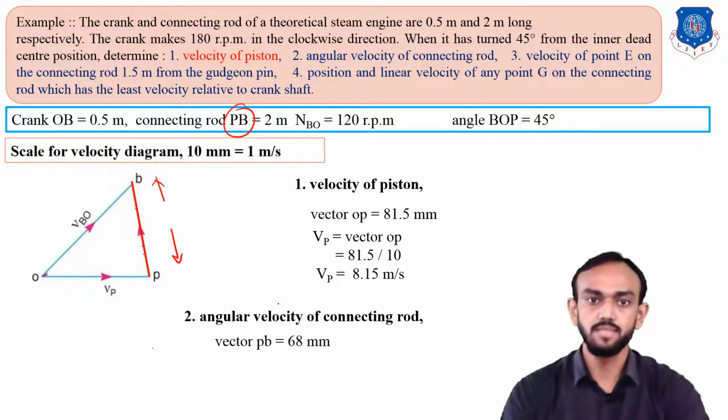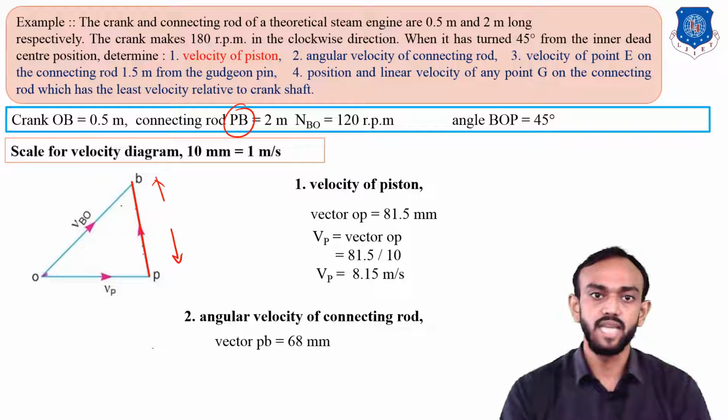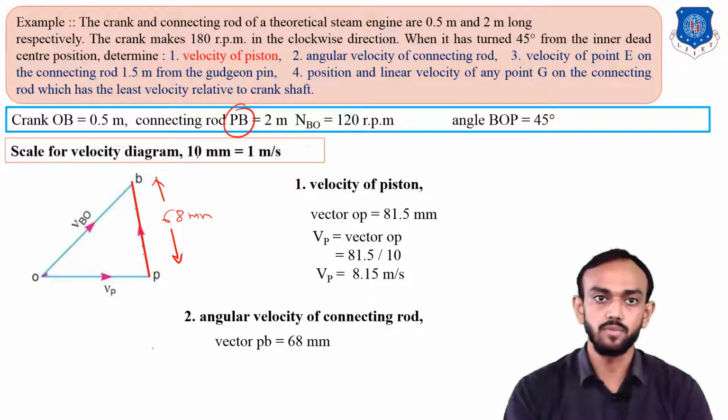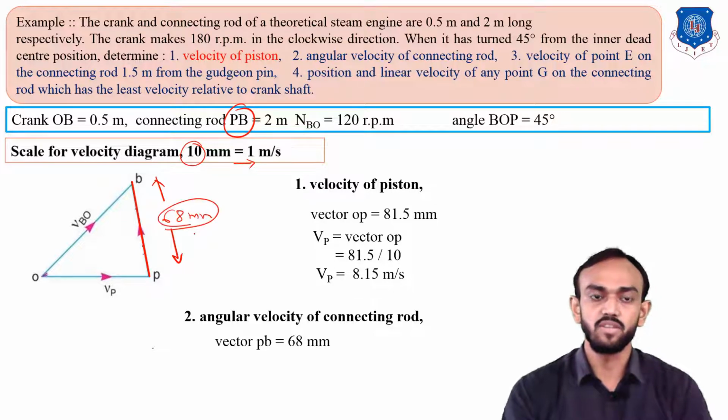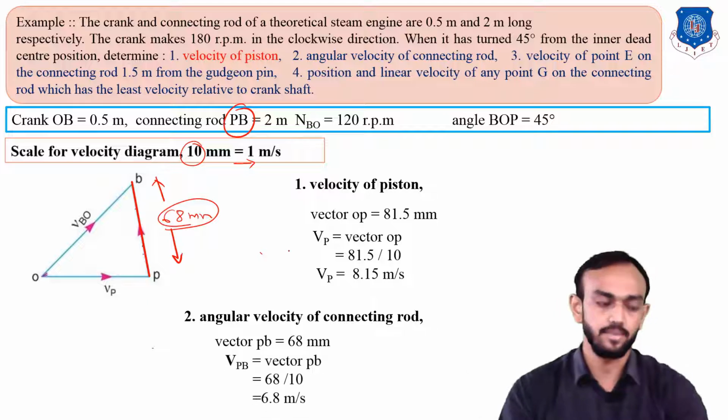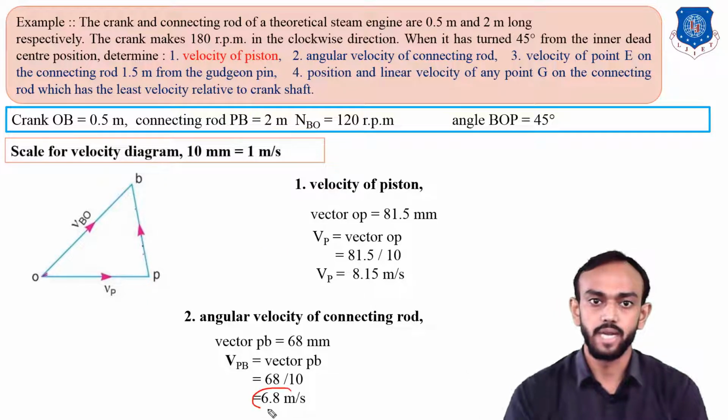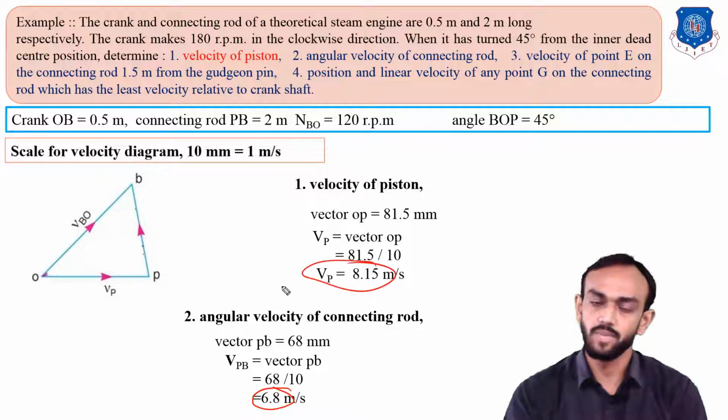If you measure this, you will get 68 mm and from the scale 10 mm is equal to 1 meter per second. So what will be for the 68? We will get 6.8 meter per second. So this is the velocity of connecting rod and this is the velocity of piston.